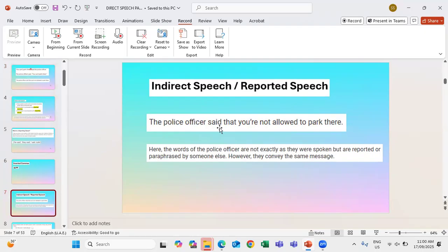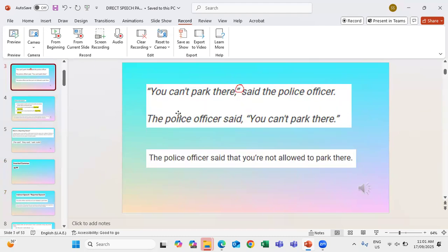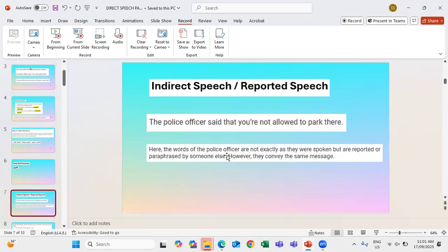The police officer said that you are not allowed to park there. If you understand its meaning, it is the same as the meaning of the first two sentences. The police officer doesn't want anybody to park the car over there, but this is written in a different way. There is no direct speech. This sentence does not include the exact words spoken by the police officer, but it conveys the same message.